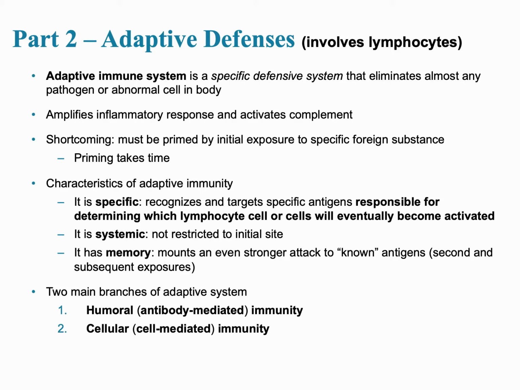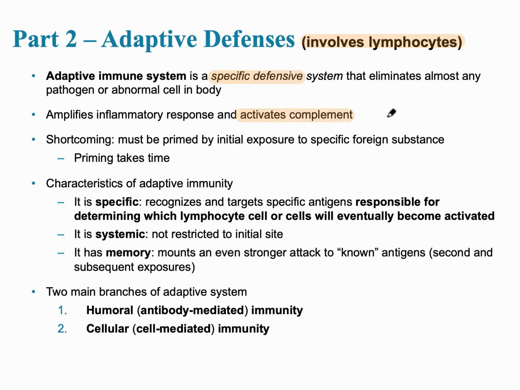Adaptive defenses are the very specific wing of the immune system, and specifically, they involve the lymphocytes. The adaptive immune system, the specific defense system, because remember the innate defense system is referred to as the non-specific system, can also amplify the non-specific portion by activating complement as well as the inflammatory response.